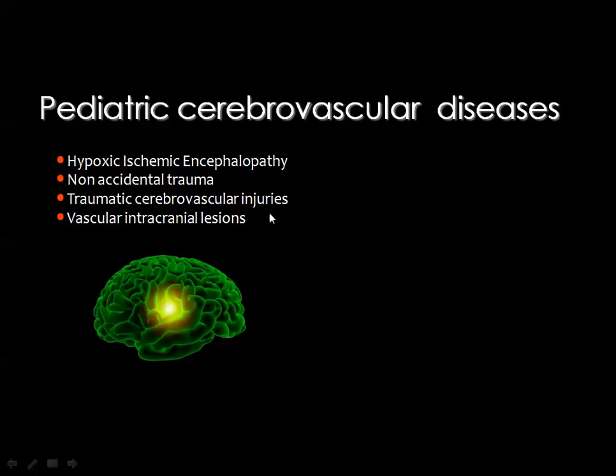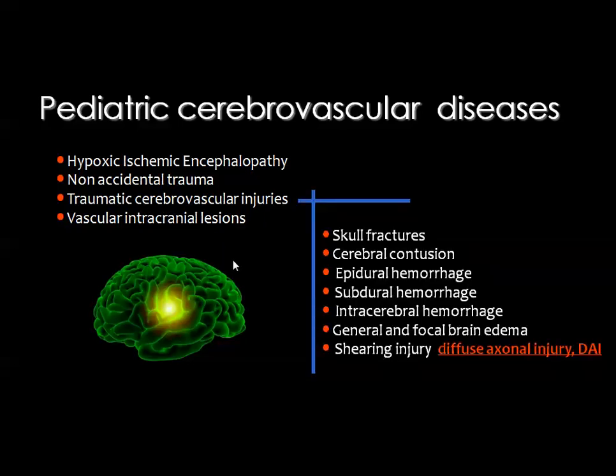Then we are going to discuss now the traumatic cerebrovascular injuries, and these include the skull fractures, cerebral contusions, epidural hemorrhage, subdural hemorrhage, intracerebral hemorrhage, brain edema, diffuse and focal, and finally we'll talk about the diffuse axonal injury.